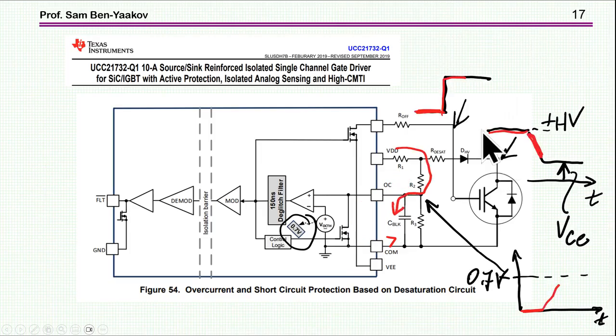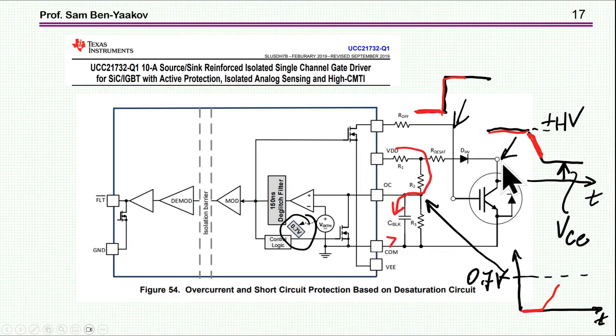Now I'm turning on this upper transistor that is feeding the gate. This short is released and the capacitor starts to charge. This provides the blanking, because as long as the voltage across the capacitor is low, it will not reach the trigger point, which is 0.7. So this is the blanking process.